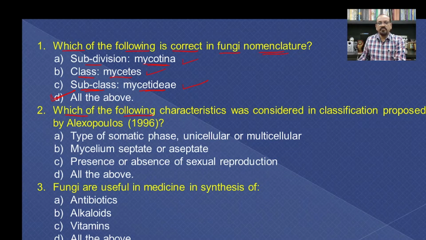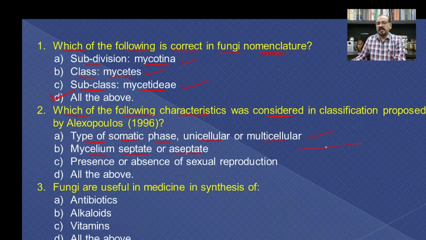Which of the following characteristics was considered in the classification proposed by Alexopoulos in 1996? Number 1, the type of somatic phase, unicellular or multicellular. This character was considered in the classification. Then mycelium septate or aseptate.